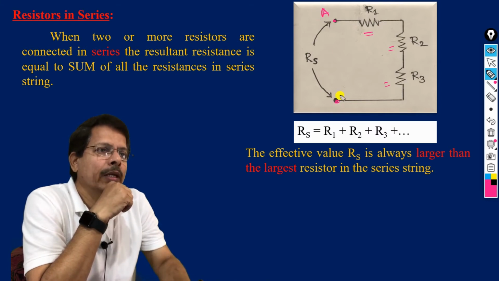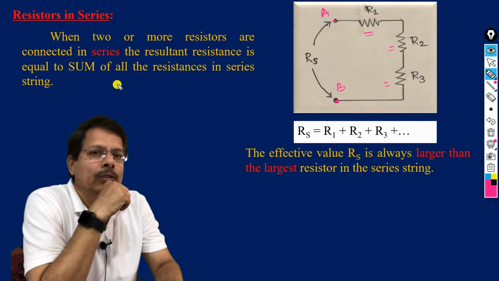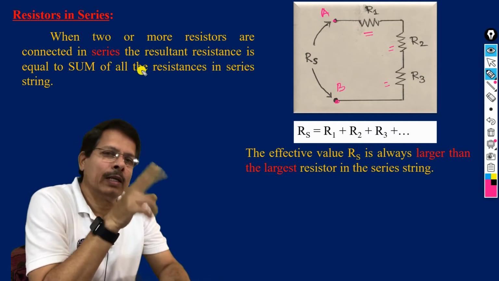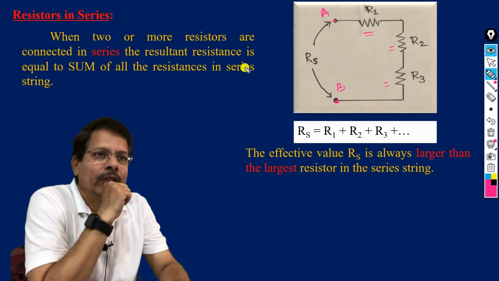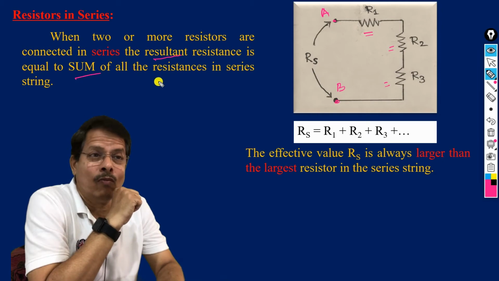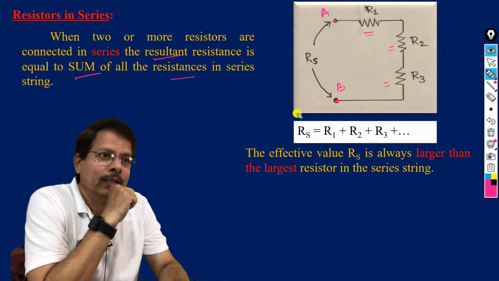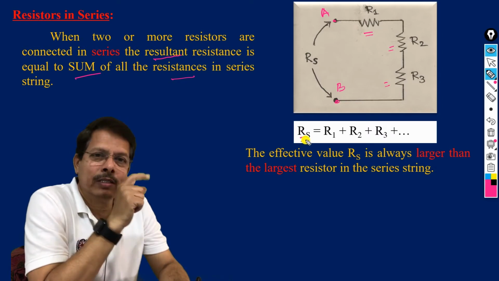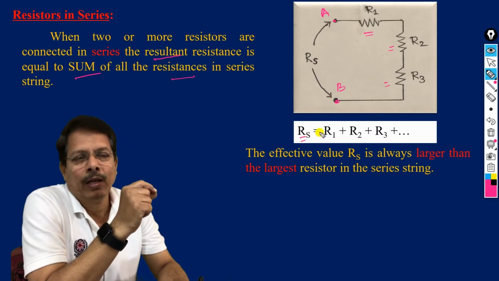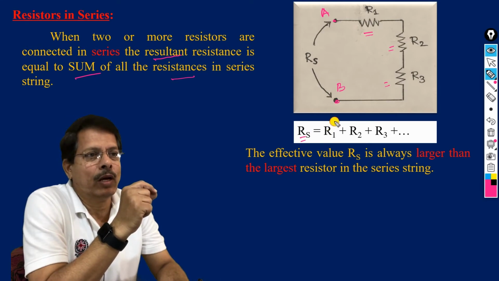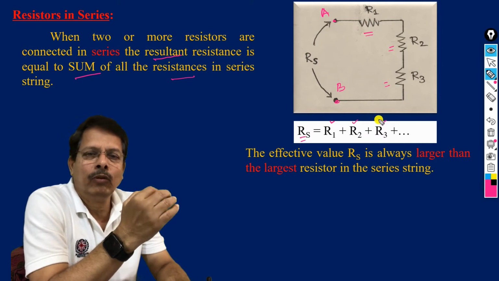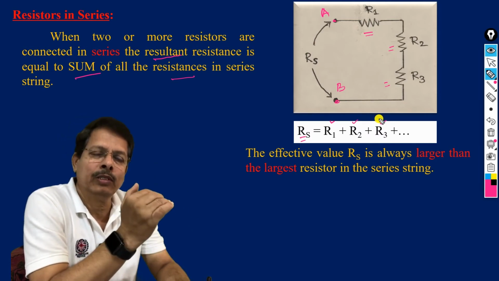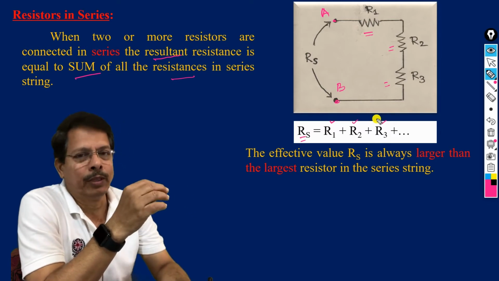This is say point A and this is point B. So when two or more resistors are connected in series like this, the resultant resistance is given by the sum of all resistances. So this RS, R for resistor, S for series combination, is simply the addition of R1, R2 and R3.